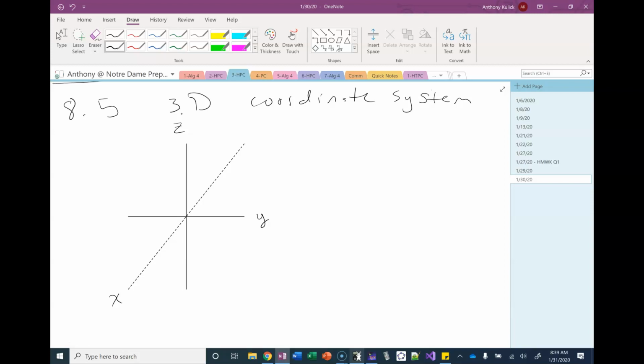I don't know the origins of that, but this is the convention of how these axes are named. So let's say we wanted to graph the point 2, -3, 4.